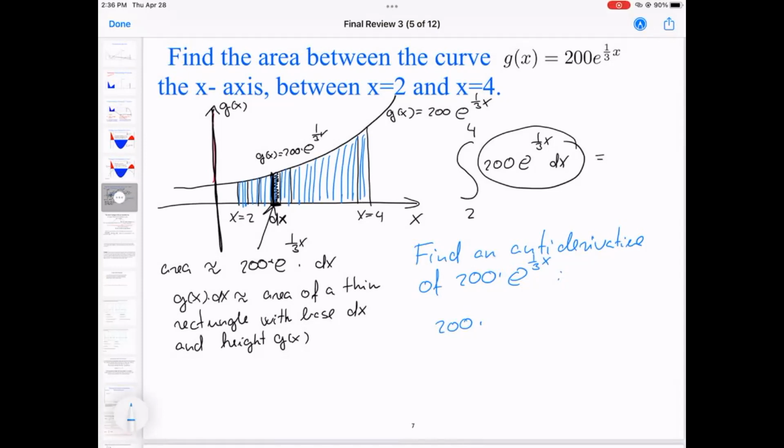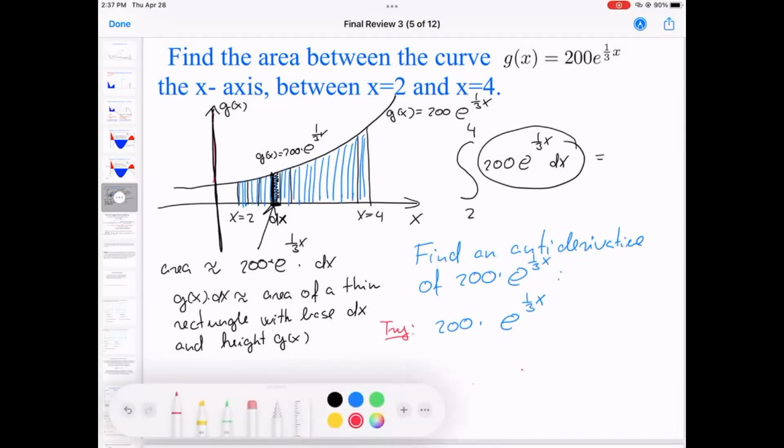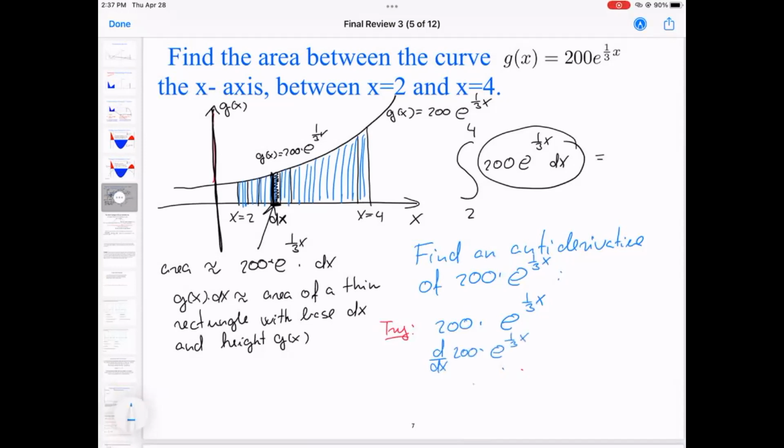Yeah, that's a good one. So let's try e to the 1/3 x. Then let's take the derivative of that. So what do you get when you take the derivative of it?